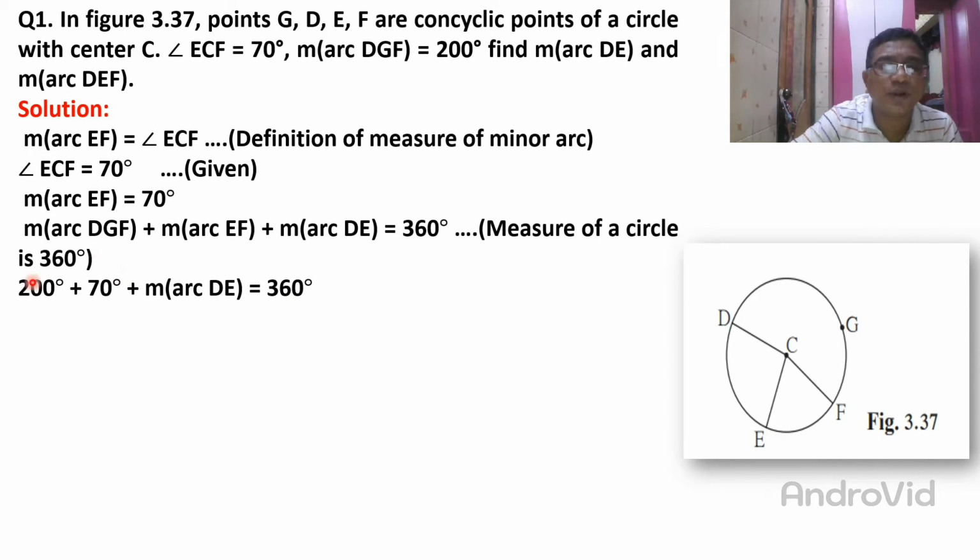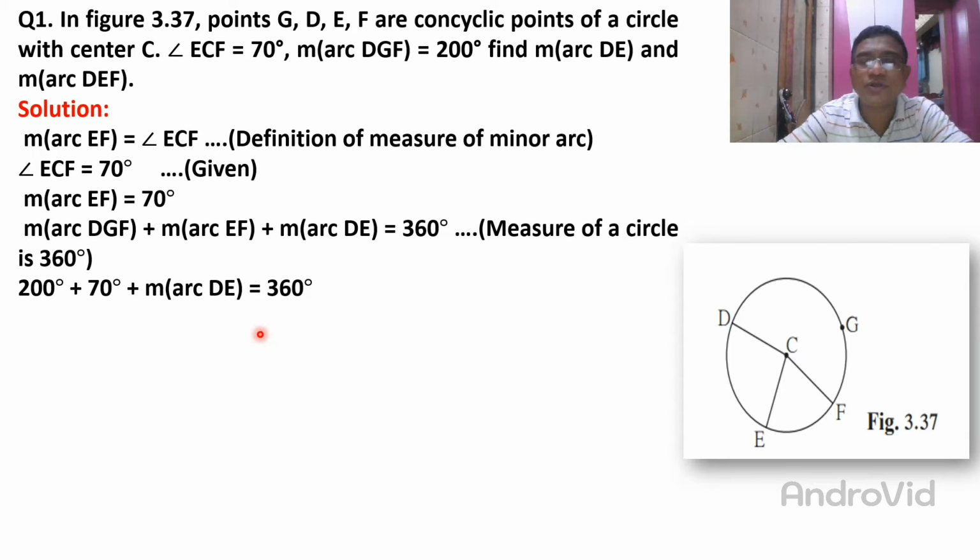DGF is 200 degrees. EF we found is 70 degrees. Major arc DE is not given, so I write major arc DE, which I want to find out, equal to 360 degrees, because the angular measure of the arcs of a circle is 360 degrees.